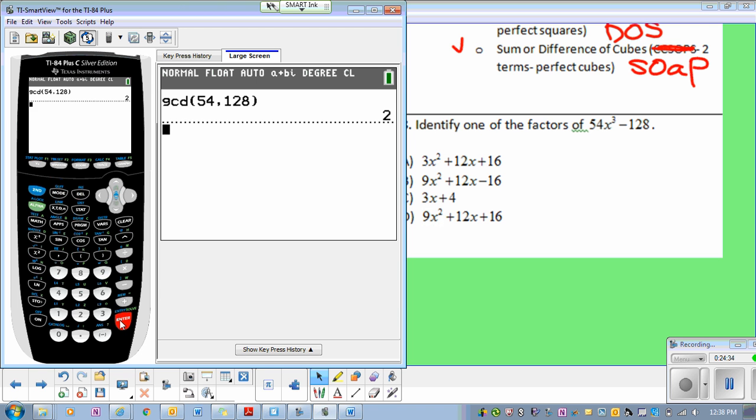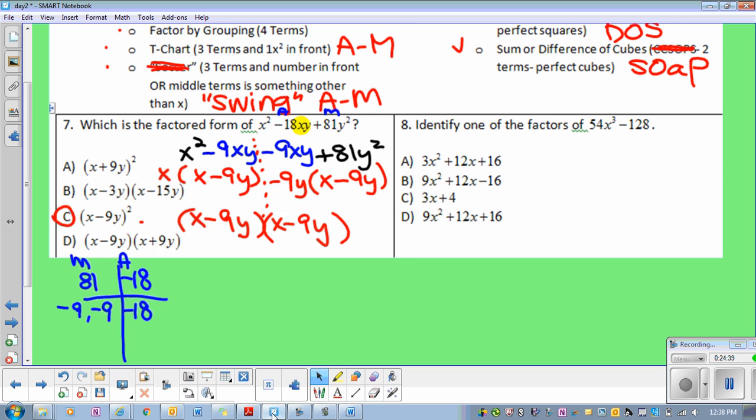So 54 and 128, the GCF is 2. That means you take a 2 out of both of these, and what do you get? 27 and 64. Good. So 27x cubed minus 64. Now, can you still factor? Oh, yeah, they're all perfect cubes, right?